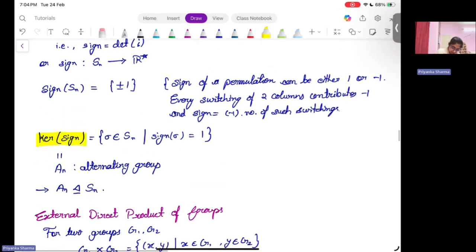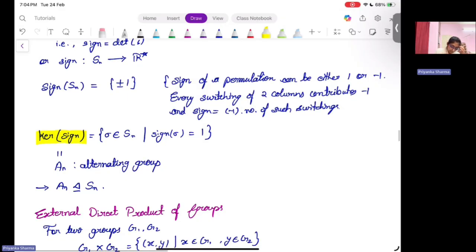Why? Because the kernel is defined as the set whose image is the identity element of R star. And what is the identity element there? That is 1. So if we collect all those sigmas which have signature 1, then we get the kernel of the signature map.